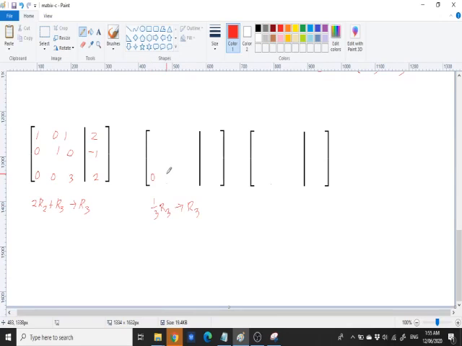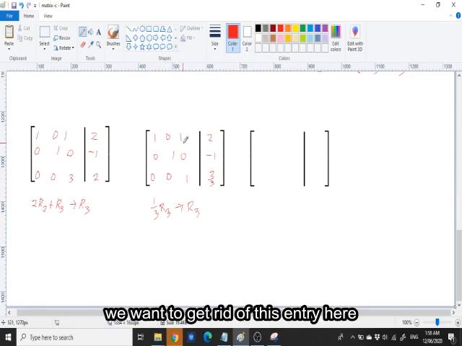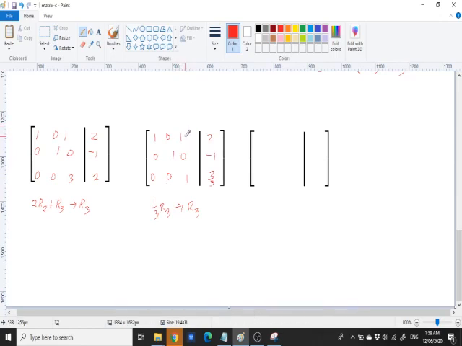So 0, 0. 3 divided by 3 is 1. 2 divided by 3 is 2/3. All else the same. So finally, we want to get rid of this entry here. We want to make it 0. And to do that, we're gonna subtract the first row by the third row. So first row minus third row will replace the first row.